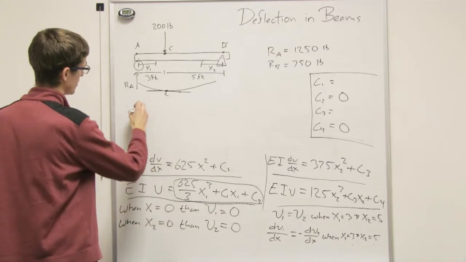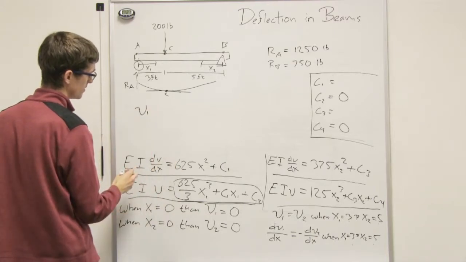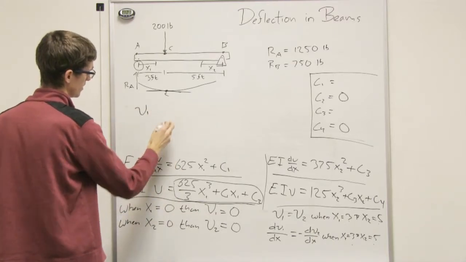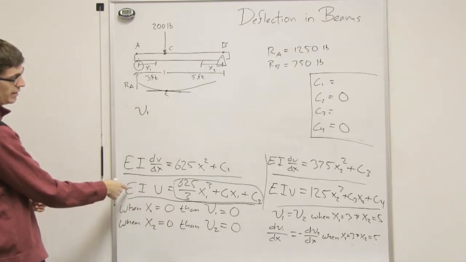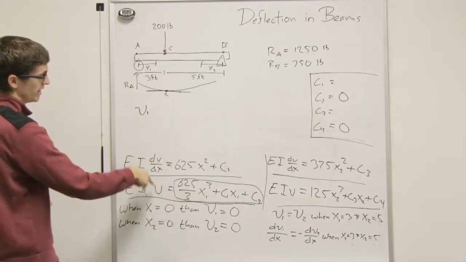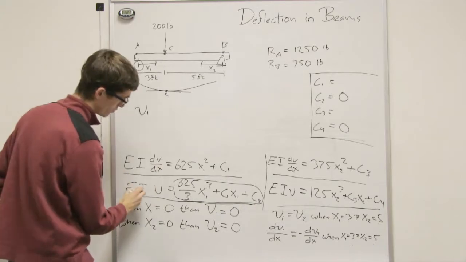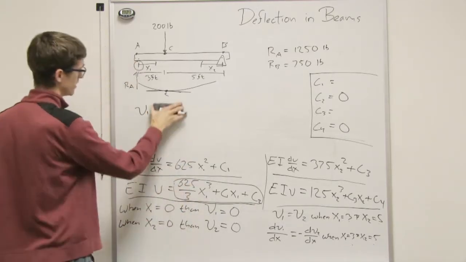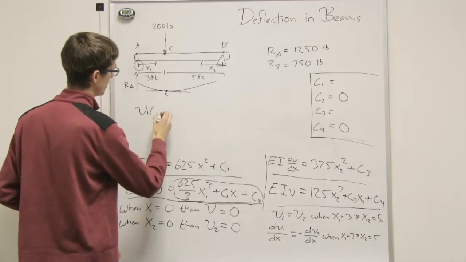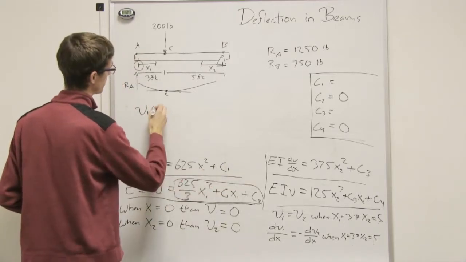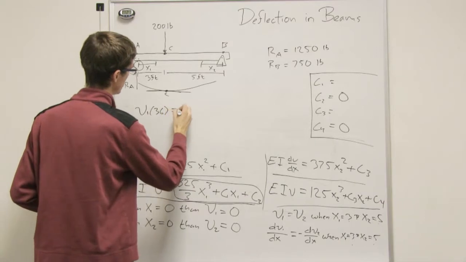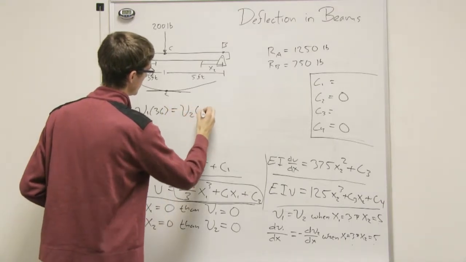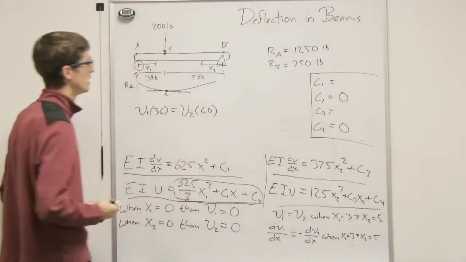So I'm going to say v1, and I'm going to divide it by IE. Remember, move that over so you get v1 by itself. v1 when x1 equals 36 is equal to v2 when x equals 60.